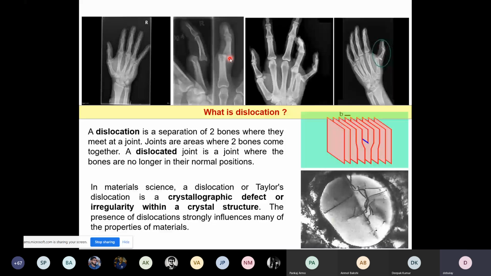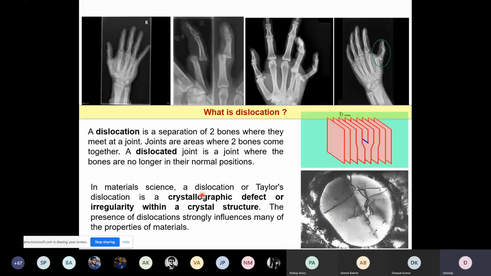So first you will find this definition, and then in material science, a dislocation or Taylor dislocation is a crystallographic defect or irregularity within a crystal structure. So fundamentally they are the same kind of definition, something that is shifted from its position.